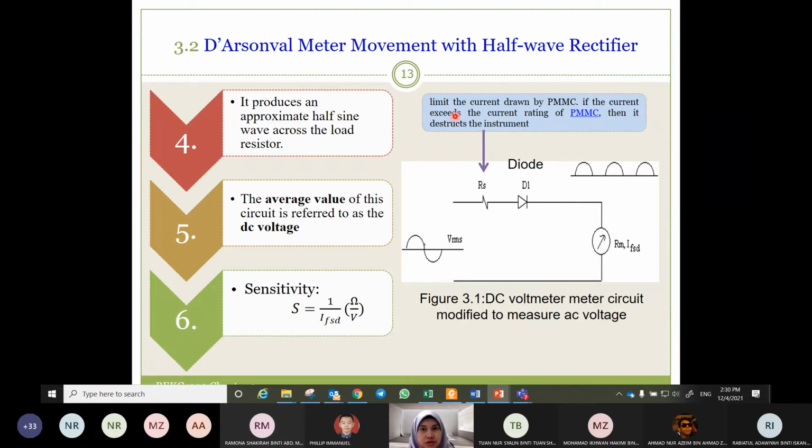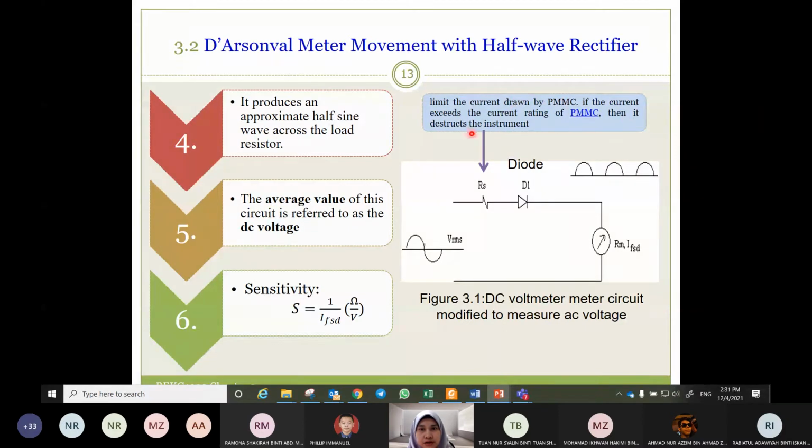Half sine wave. Okay, so the average value of the circuit is referred to as the DC voltage. PMMC reads only DC signal, so we call it the DC voltage, or average value, as well. We add RS here to limit the current drawn by the PMMC.